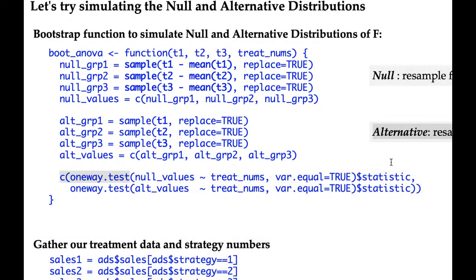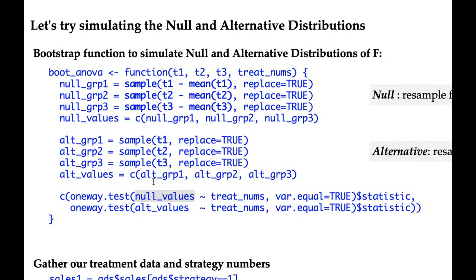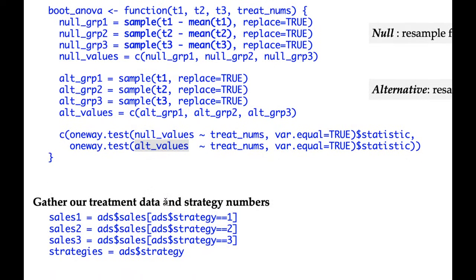Then I'm running 2 ANOVA tests. One is for the null values of the data I should have if the treatments had no effect. And the second is the alternative values, which is the original treatments, resampling from the original treatments.